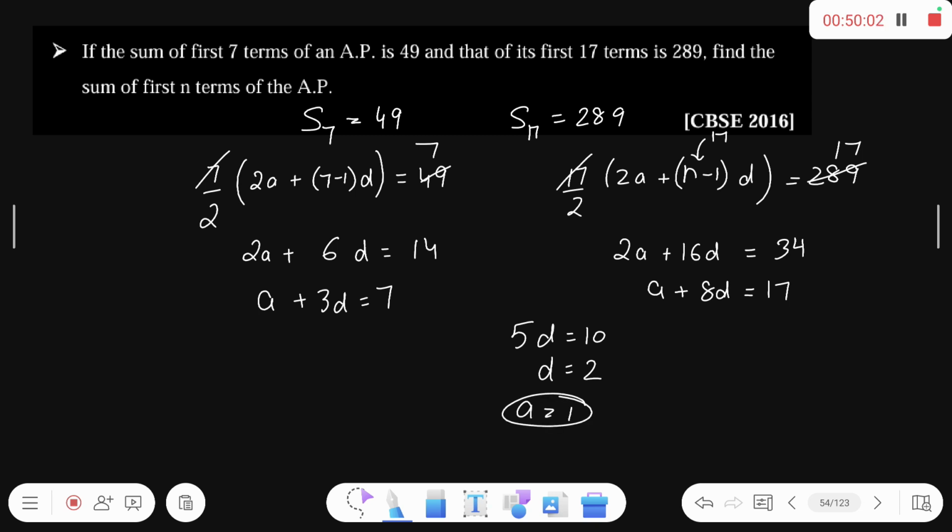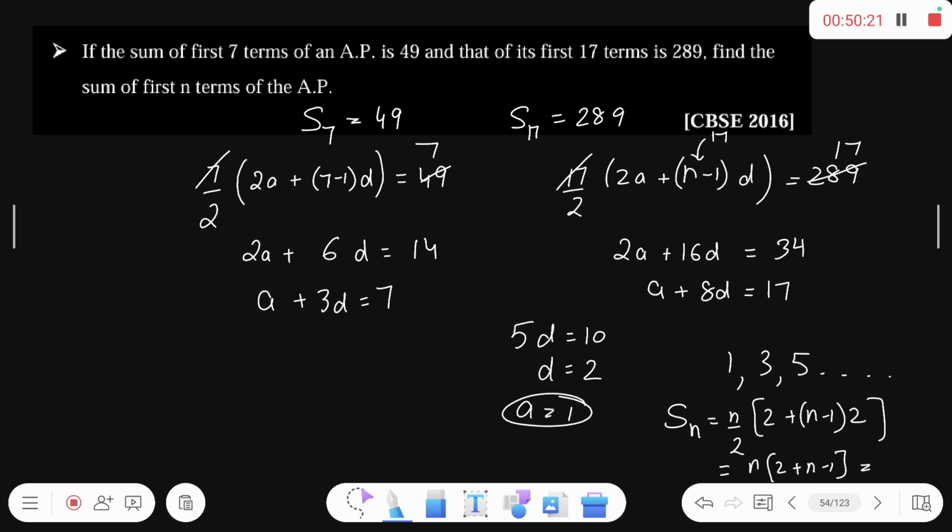So your AP is 1, 3, 5 and so on. So Sn is n by 2, (2a, meaning 2 times 1, plus (n minus 1)d), d is again 2. So taking 2 common, it's n (2 plus n minus 1), or you can say n plus 1. So it is n squared plus n, your answer.